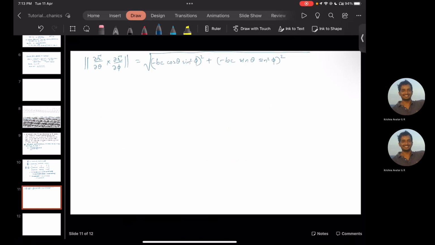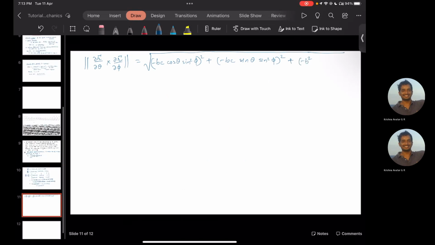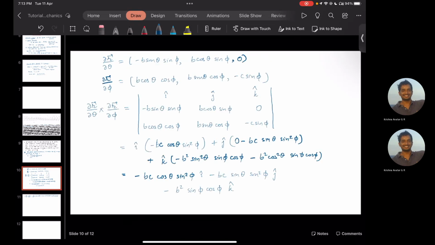And then the third is minus b squared sine theta, sorry, sine phi and cosine phi whole square, right?